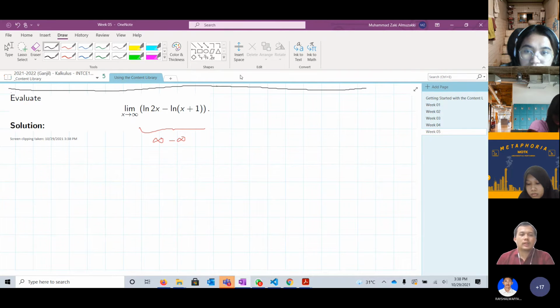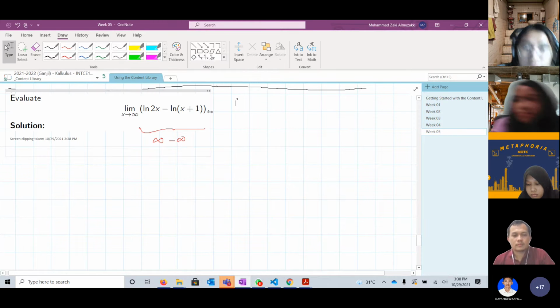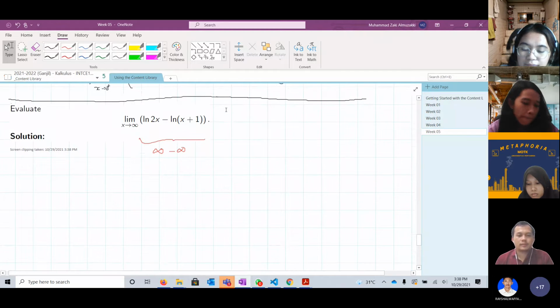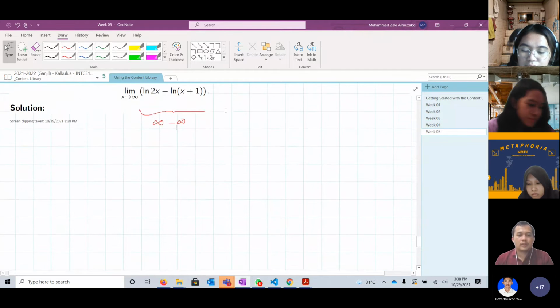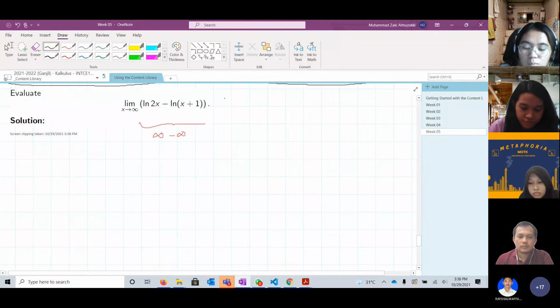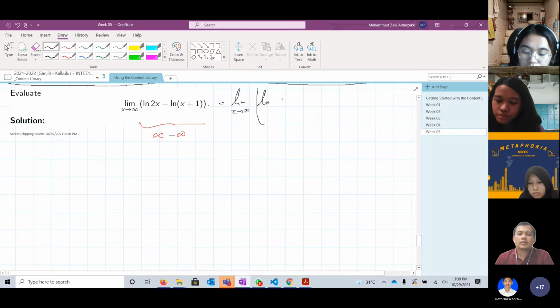Then we rewrite the limit so that it becomes now limit x goes to infinity of ln 2x over x plus 1.